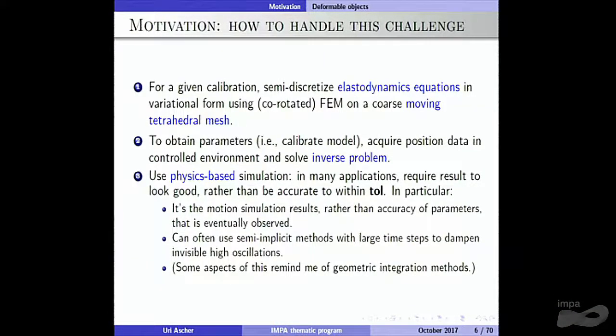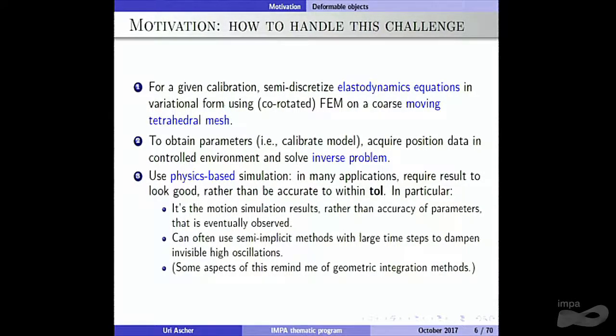So the saving grace is that sometimes you can use what is called physics-based simulation, which means if it looks good physically, then it's good, as opposed to satisfying a tolerance of 10 to the power minus 6. A big difference there. Okay, so the requirement is that it would look good, in a sense that you can actually use.